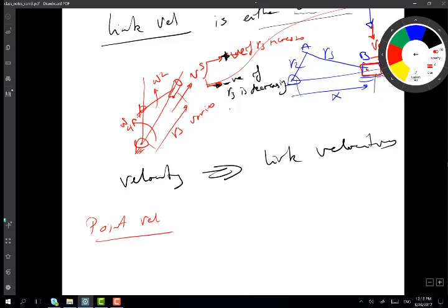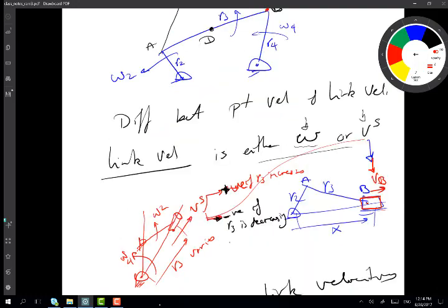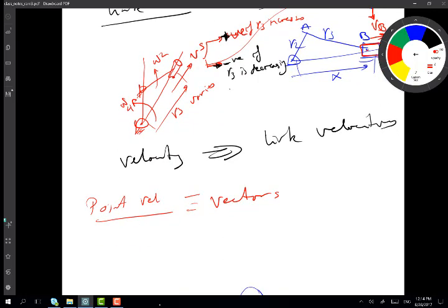Velocity always you get as vectors, so you need the direction of it. Specifically, if it was a random point, like point C here, point B, point D, point A, they change direction during rotation. So you need the velocity vectors. That's a vectorial quantity.